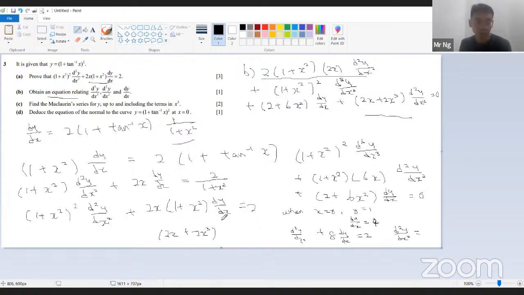So here nothing. So this is equal to 2. Then after that d3.